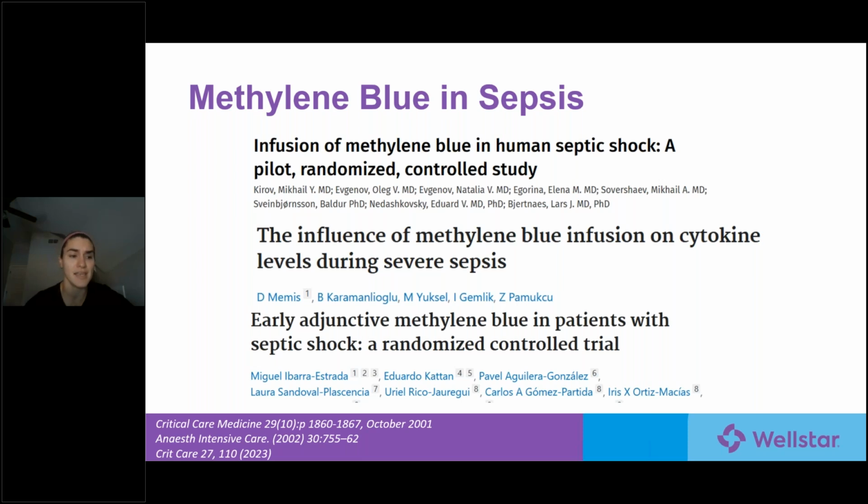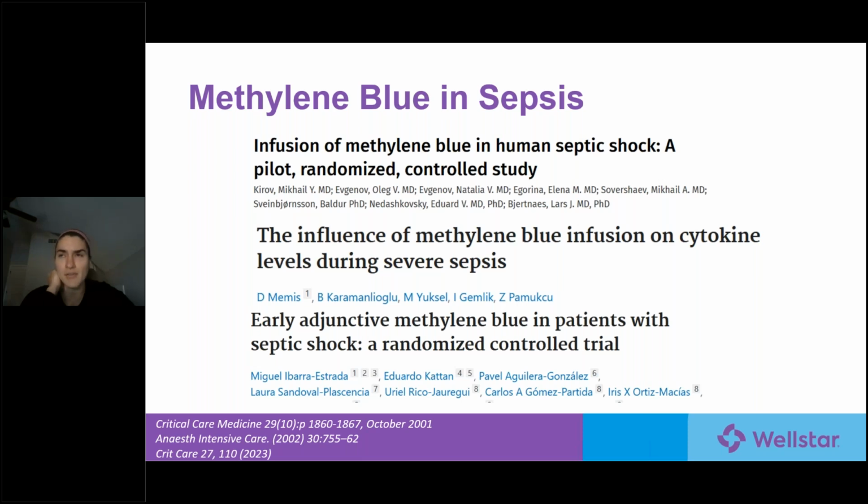This last study is the only randomized controlled trial that I can find with methylene blue in septic shock patients. This was done in 2023 by Ibarra and his colleagues. So they took a mixed medical surgical ICU population in Mexico and gave patients methylene blue 100 milligrams diluted into 500 milliliters of normal saline over 6 hours daily for 3 days.